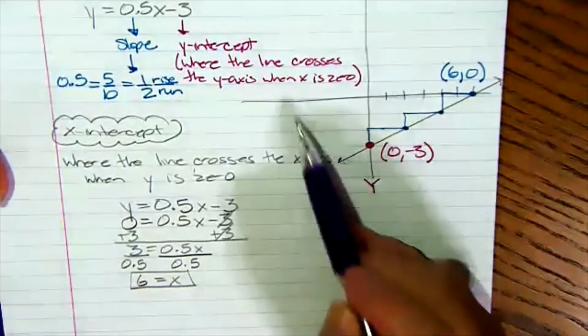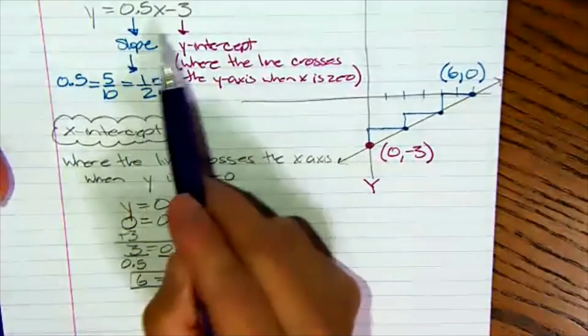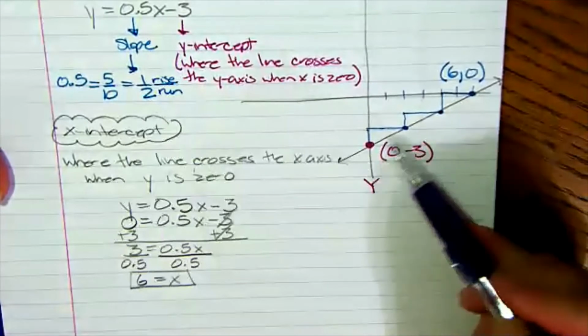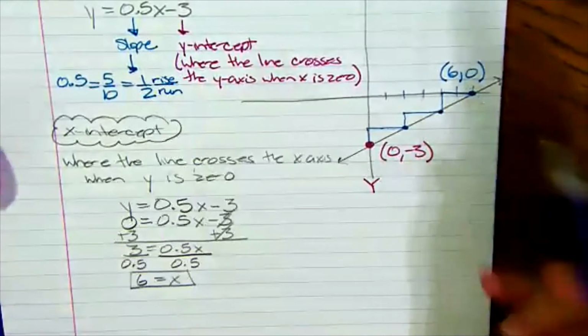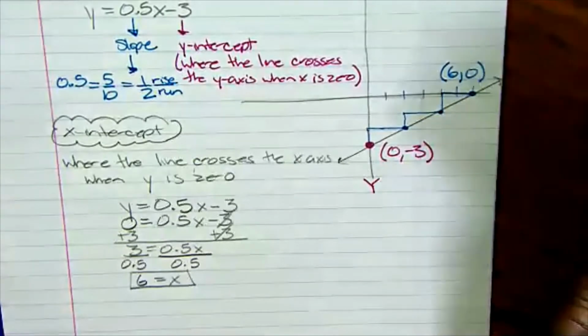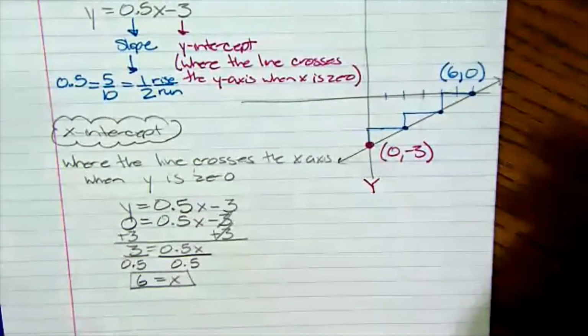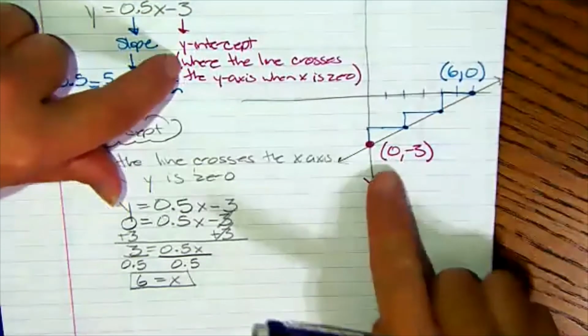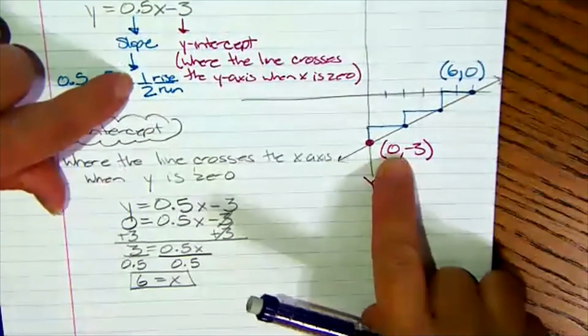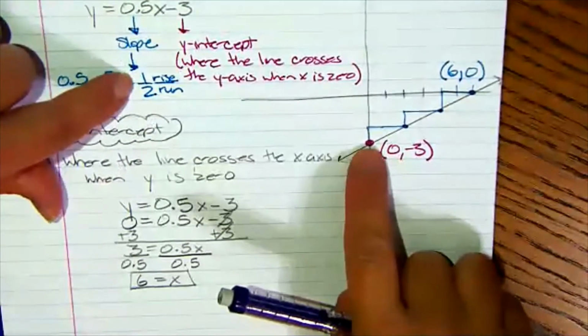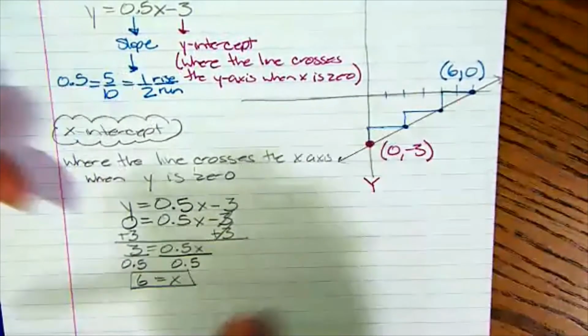So creating a graph using slope-intercept form, I think this is much easier than doing the table like we did yesterday. It's a lot less work. You have to start with the y-intercept and then follow that point using your slope.